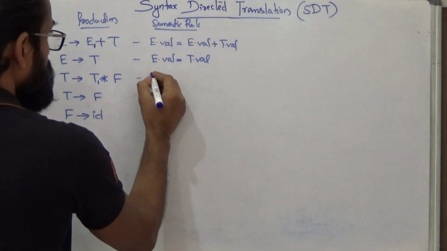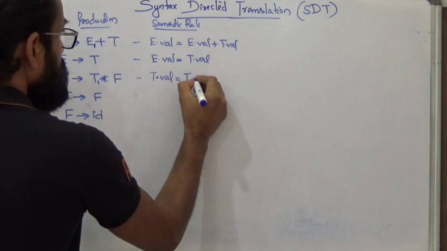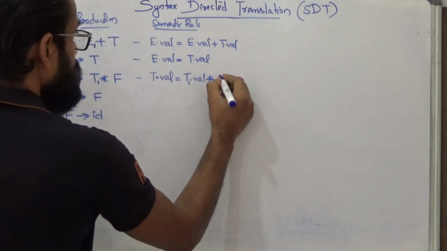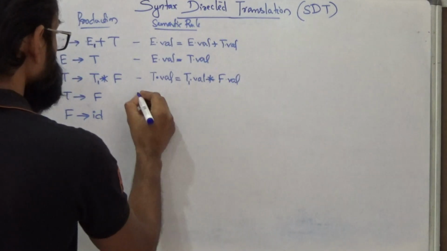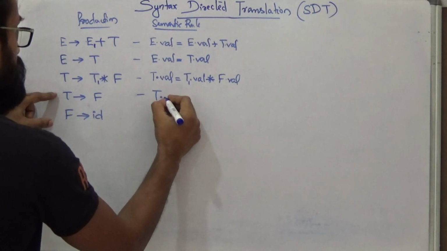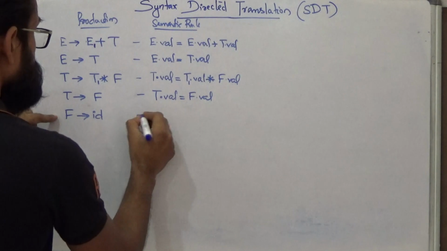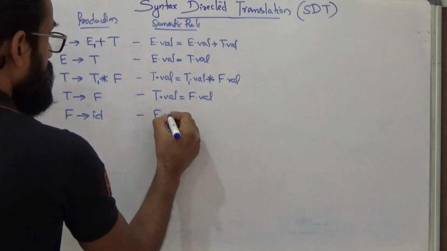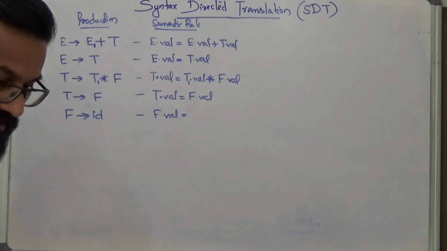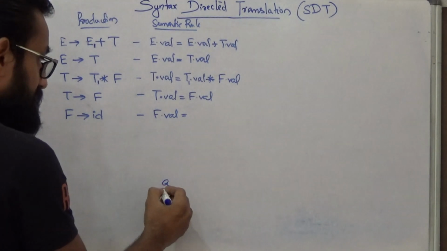If you consider this one, you can write T.val is equal to T1.val into F.val. If you consider this one, the associated semantic rule is T.val is equal to F.val. If you consider this one, F.val is equal to, see, id actually represents some identifier. Let the identifier be a.